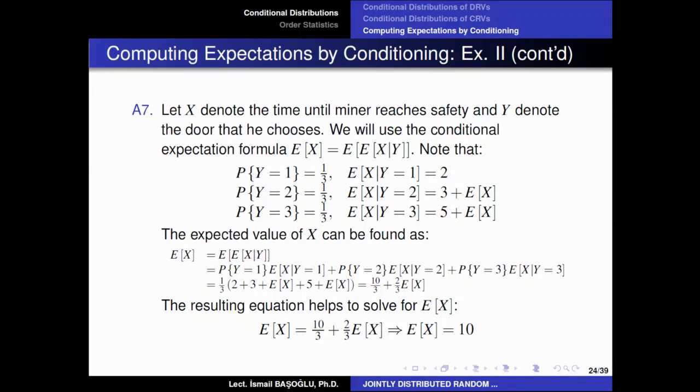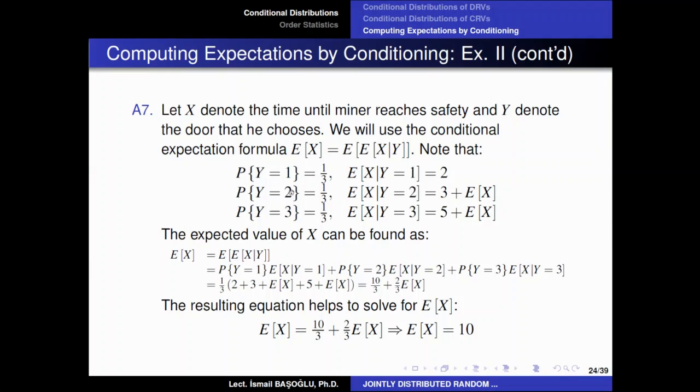So when he starts this game, he is going to choose one of the doors. And let's just say Y is the door that he chooses, and even though the miner does not know which door is the correct door or which door is not, we know that door number 1 is the correct door, and doors number 2 and number 3 are the incorrect doors.